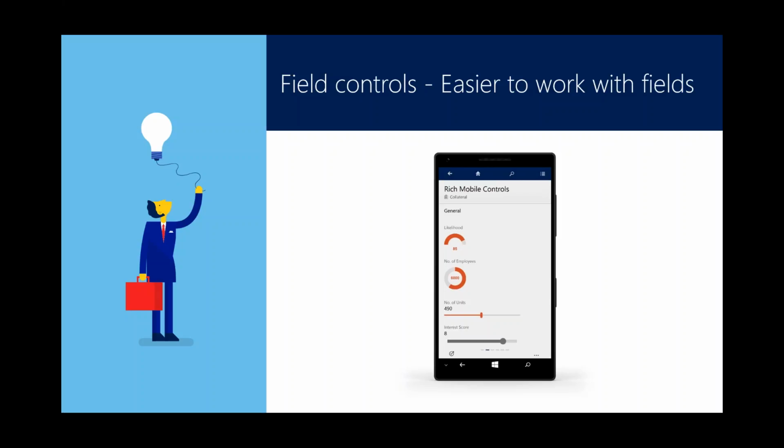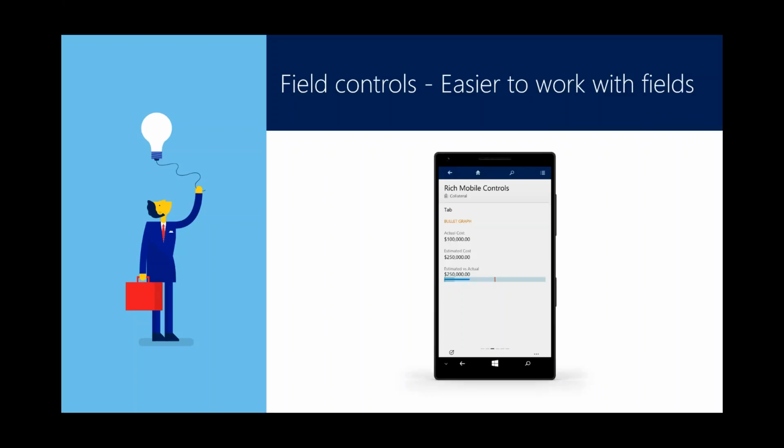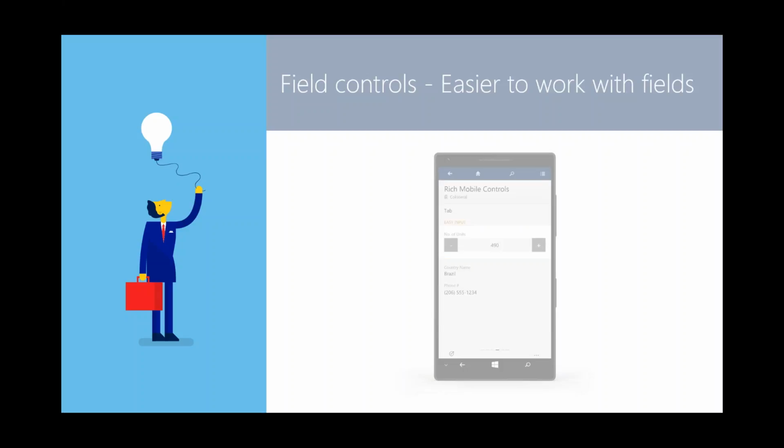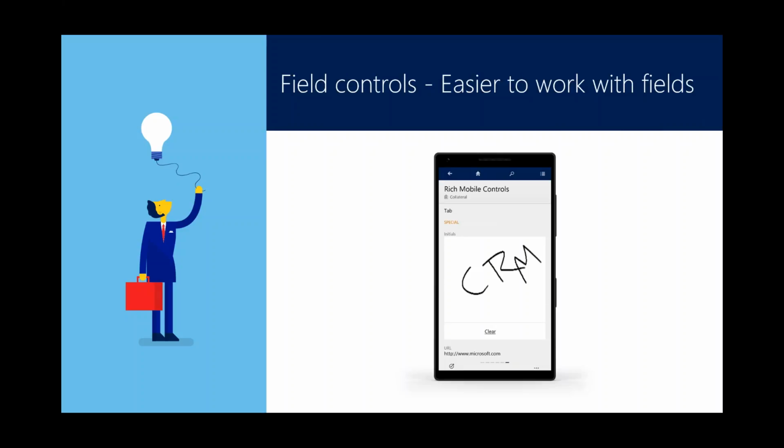So we have slider controls, donut and bar chart and bullet controls, yes/no controls. You'll be able to run through all of these slides and see the different types of controls, and a signature control as well.